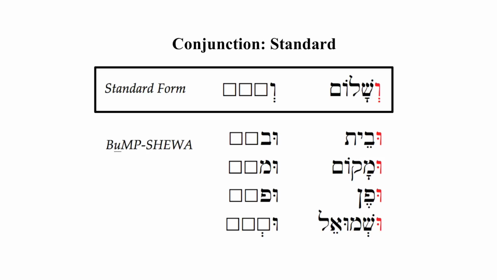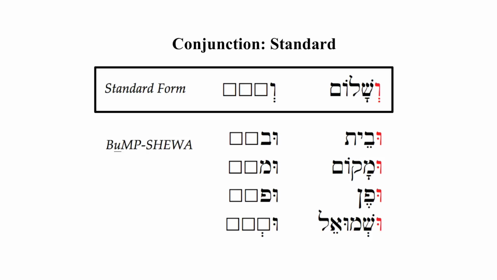So I say uvet. If I have a word like makom, starts with a mem, I say umakom. If I have a word like pen, ufen. Or if I have a word with a schwa, I don't say v'shmuel. I can't have three consonants in a row without vowels.